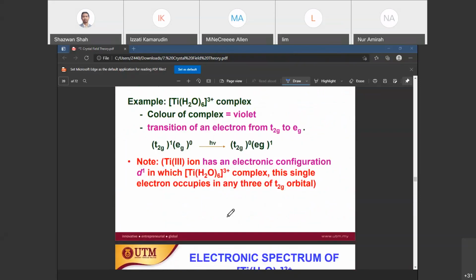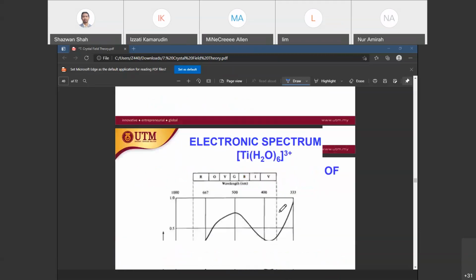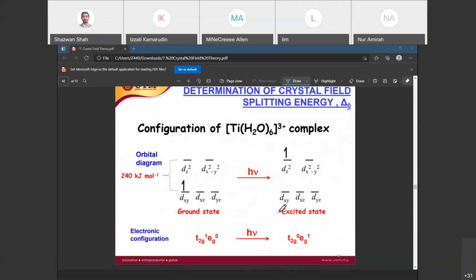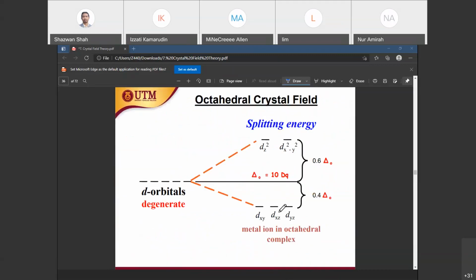But later on you will learn MOT, which has a slightly different orbital splitting diagram. So depending on the question, the d orbital splitting diagram can refer to maybe the MOT diagram. But when we talk about the crystal field orbital energy level diagram, we understand that it is the split between the d orbitals.